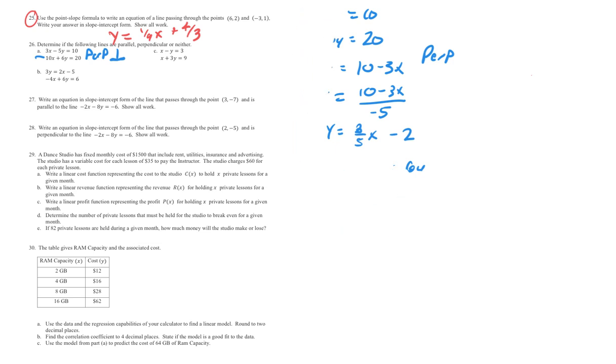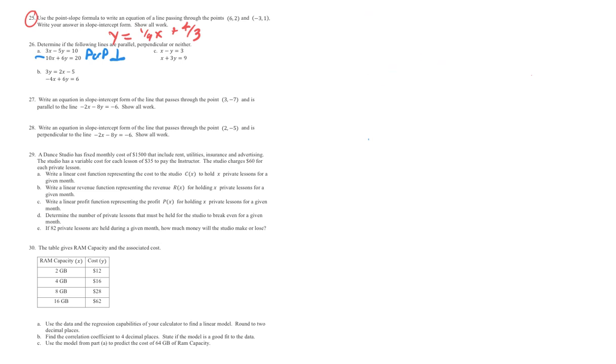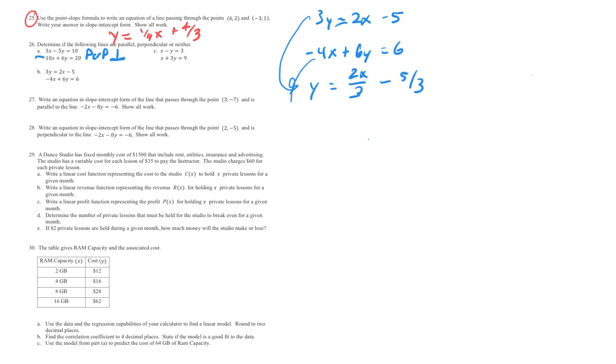The next set, part B, we have 3y equals 2x minus 5 and -4x plus 6y equals 6. We're going to do the same thing. This one we're just going to divide both sides by 3, so you'll get 2/3 x minus 5/3.